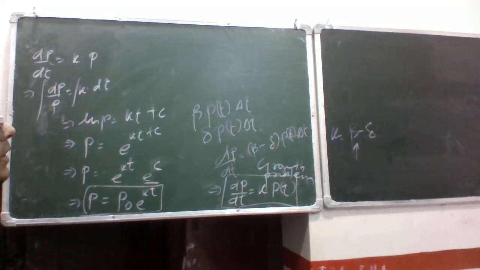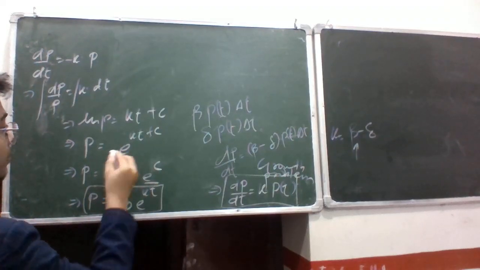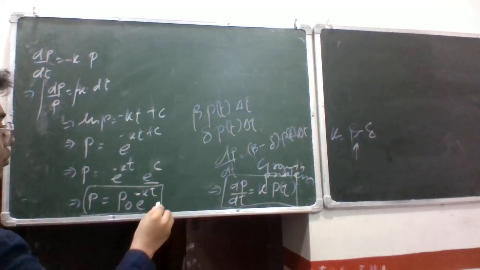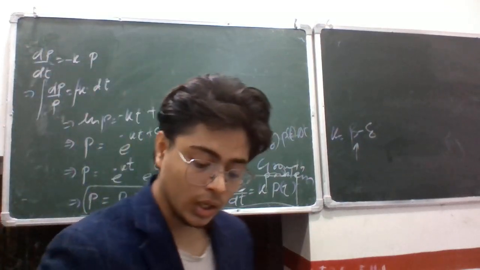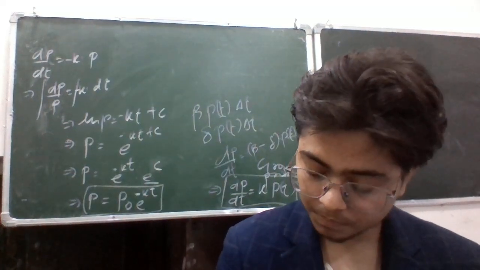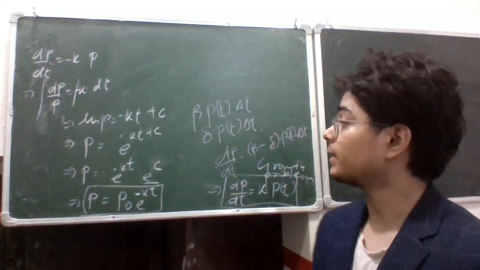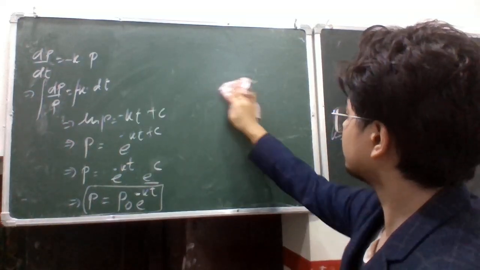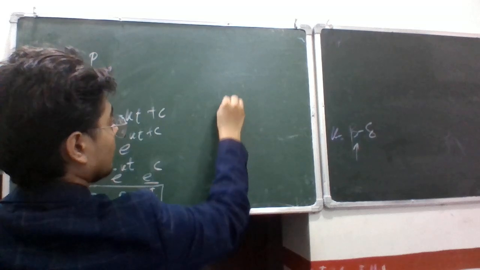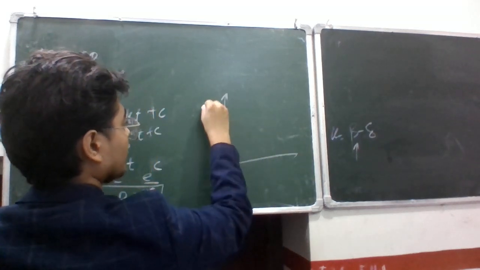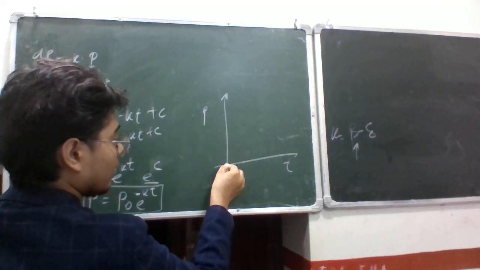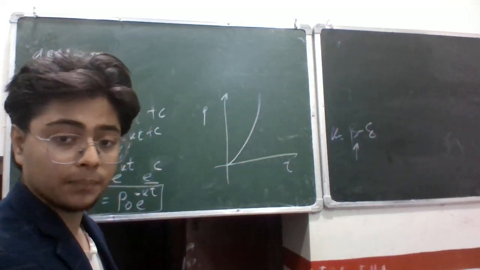If you consider the differential equation for the decay problem, then it would be minus, and that would give us e to the minus k t, which would be the solution of a decay differential equation. If you want to see it visually, then in a graph, the population, if it's a growth equation, looks something like this.